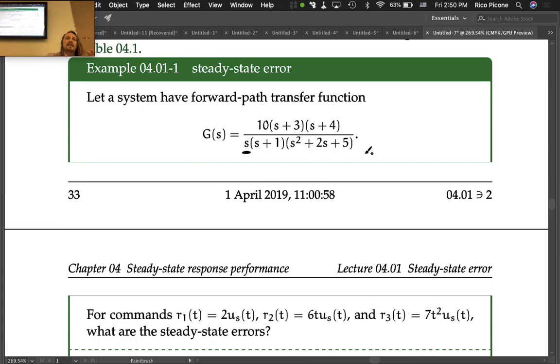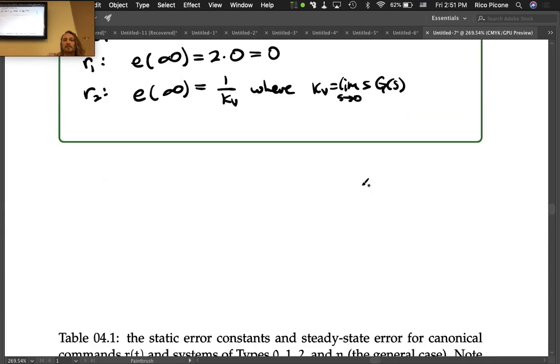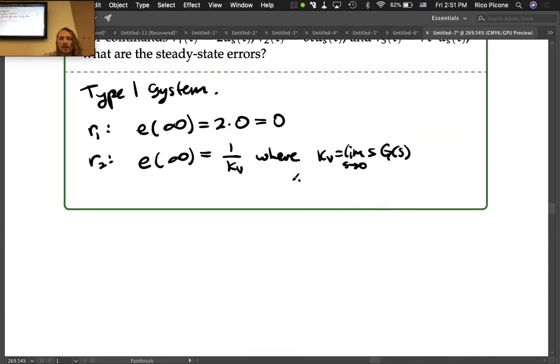The s cancels with this s, right? So then we're left with all the s's go away to 0, so all the s terms go to 0. We're left with 10 times 3 times 4 divided by 1 times 5. So we have 2 times 3 times 4 is 24, right? So we've got 24.